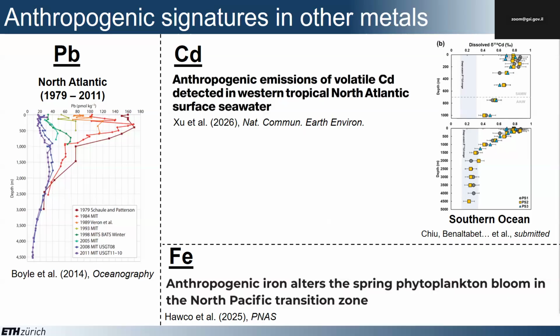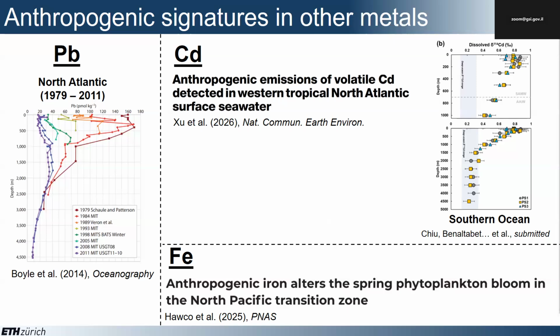Recently, we saw evidence of anthropogenic cadmium in the oceans in the North Atlantic. This recent paper shows that there are certain controls of anthropogenic cadmium, which we didn't consider to be anthropogenically perturbed. And this is also something we see in the Southern Ocean, also in a paper we just submitted.